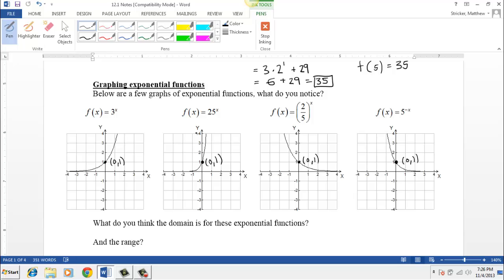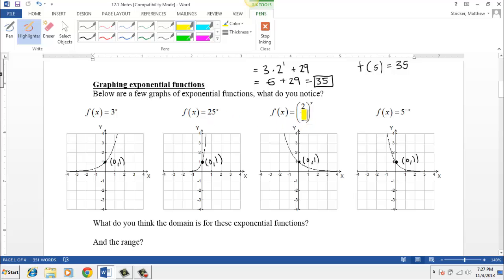Now, one thing that's different is that in the first two, the graph is climbing, it's increasing. And in the second two graphs, the line is decreasing from left to right. Notice what's different. Here we have base 3 and base 25.